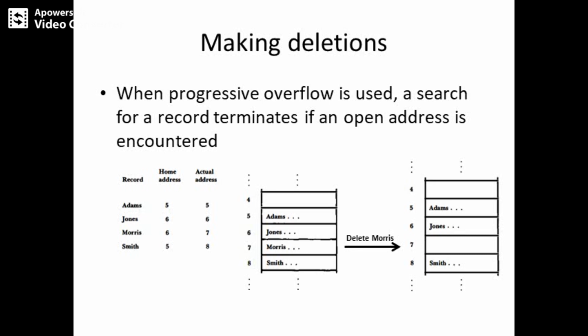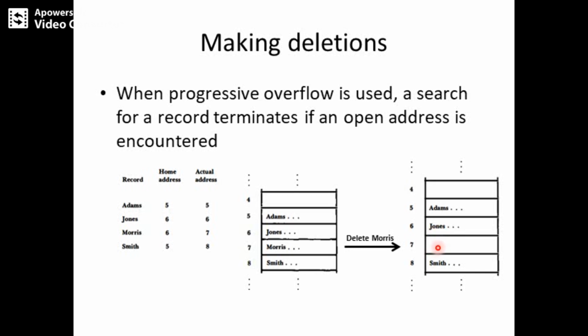Say you want to search for Smith now. So how can you search that? Once again, the progressive overflow method will start from Adams, the key doesn't match, it will go to the next slot, there is Jones, and Jones and Smith don't match, so it will go to the next position, which is empty, right?